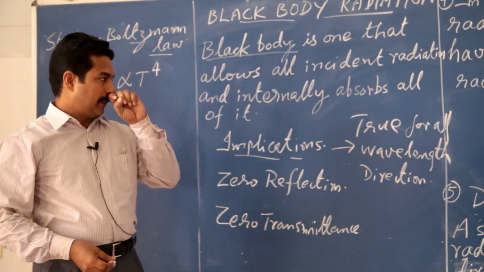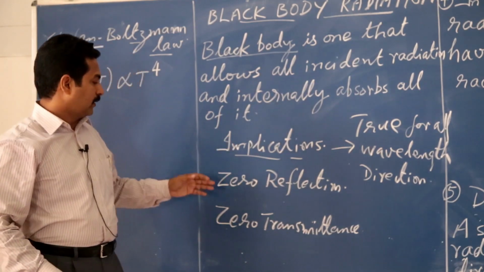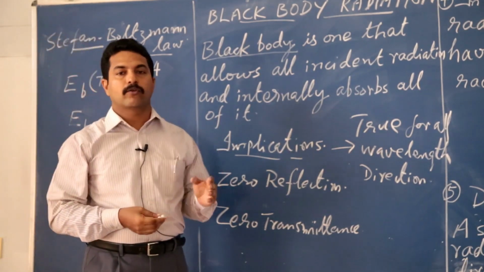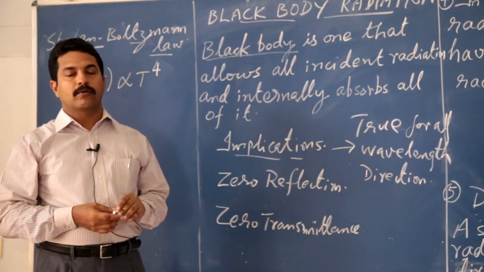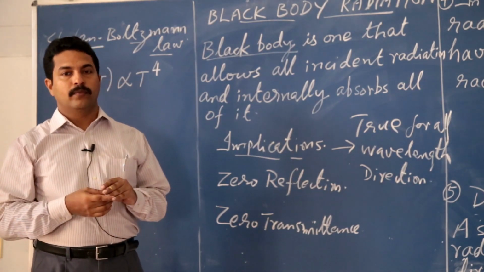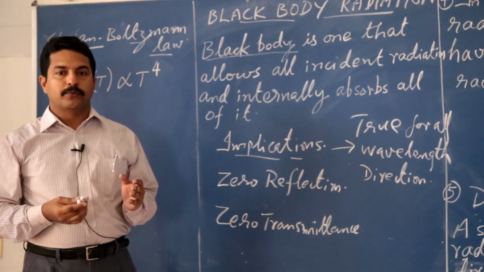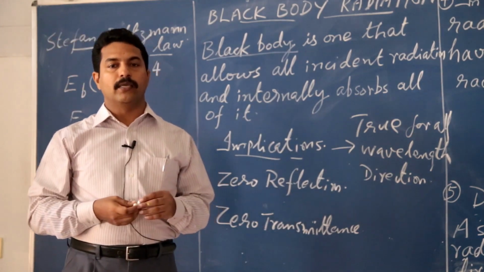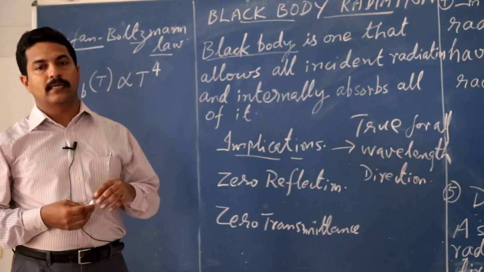So it is true, that is zero reflection and zero transmittance, whatever be the direction and whatever be the wavelength. A black surface or black body will absorb all the incident radiation.